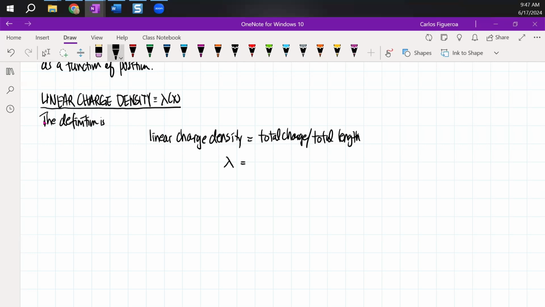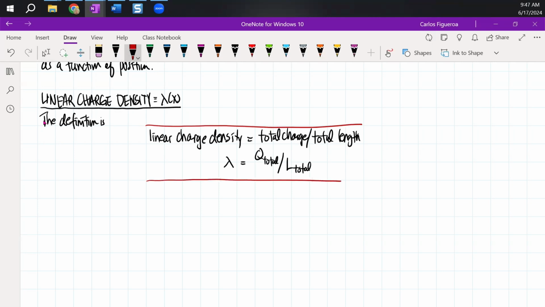So lambda is equal to total charge divided by the total length. This is the way it is typically defined. And unit-wise, a unit of linear charge density is a unit of charge over a unit of length, so this becomes a coulomb per meter.